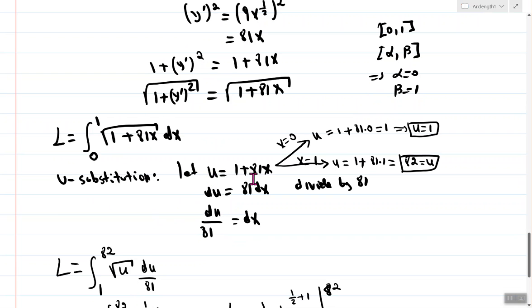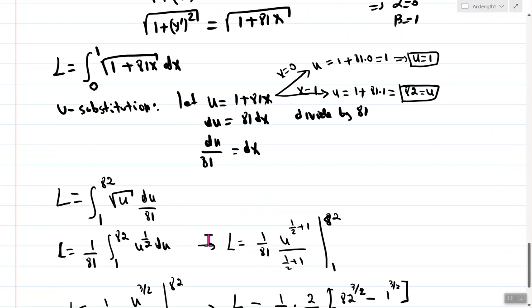So u is 1 plus 81x, so du is 81 dx. That means dx is du over 81. So we plug in all the data. x equals 0 corresponds to u equals 1. x equals 1 corresponds to u equals 82. The square root of u is the square root of 1 plus 81x, and dx is du over 81.